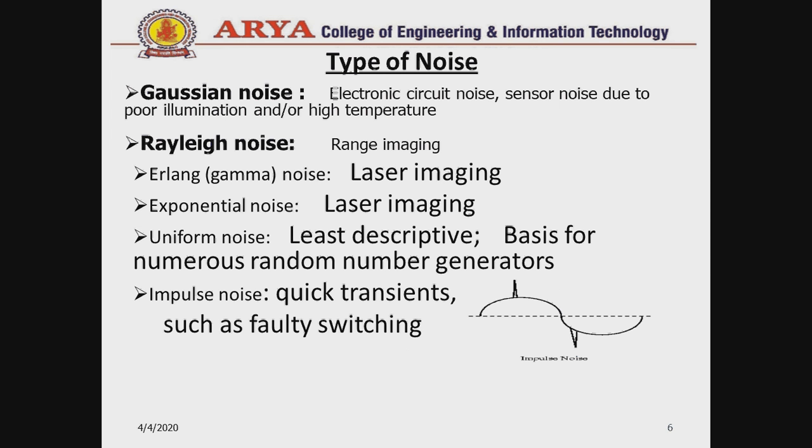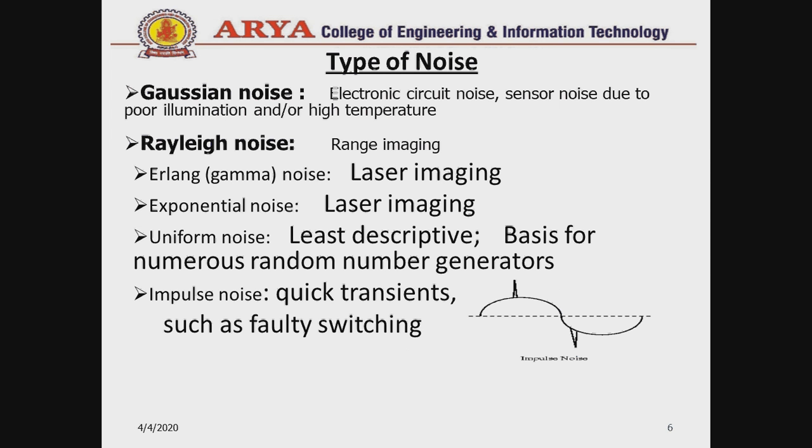Erlang and exponential noise are not applicable to all types of imaging systems; they are only applicable to laser imaging systems. Uniform noise is less descriptive and is based on random number generators. It is basically white noise and has the same effect on the entire image.